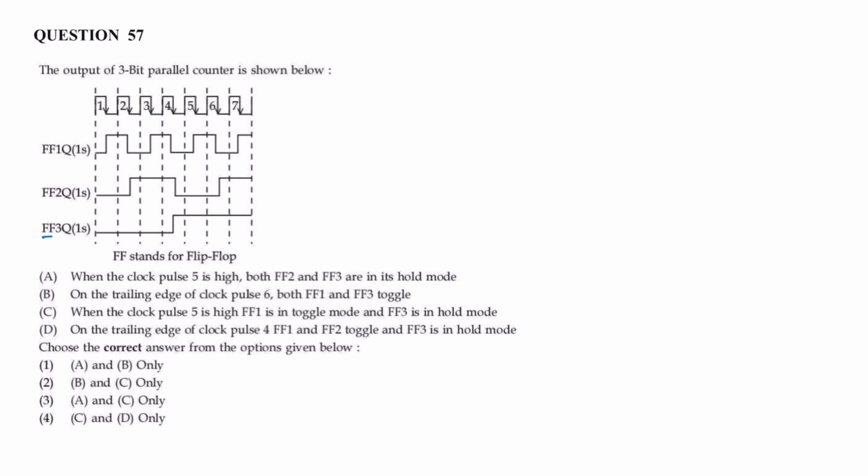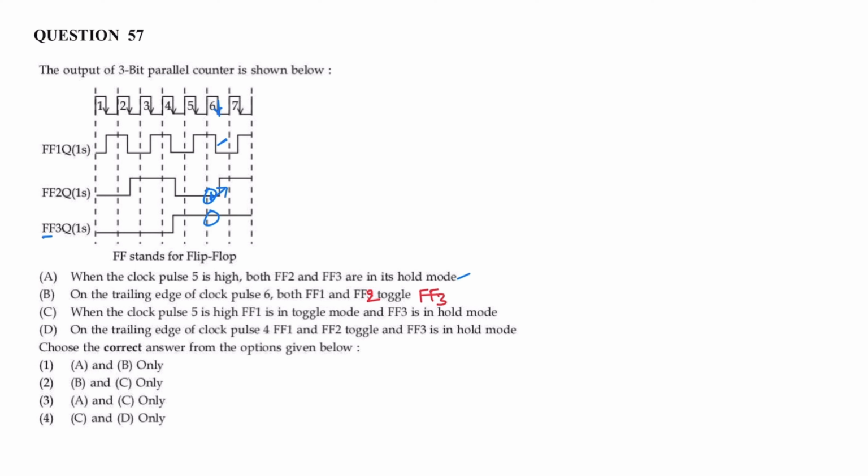Statement B: on the trailing edge of the sixth clock pulse, both FF1 and FF3 toggle. So this statement is wrong. On the trailing edge of the sixth clock pulse, FF1 is toggled, FF2 changes its state from 0 to 1, and FF3 is in hold state. So FF1 and FF2 toggle, FF3 is in hold state.